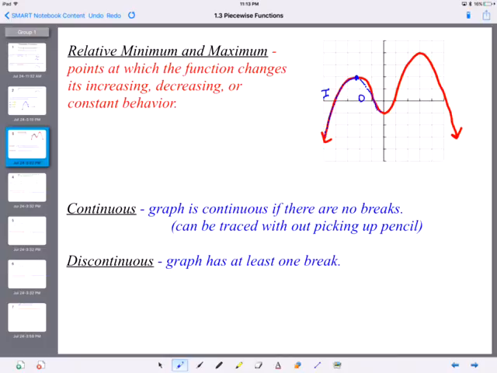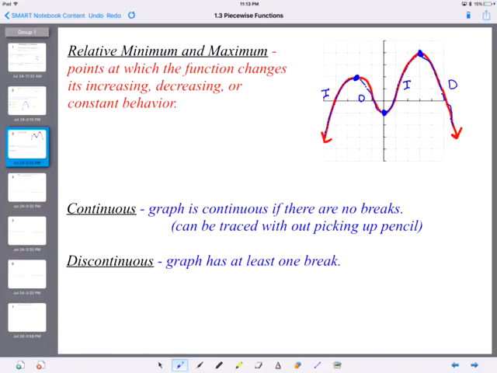At this change point right here, that's called a relative max. Same thing happens here. Now it starts to increase again. So it went from decreasing to increasing, so where that change occurs, there's a relative min. And then on this one, it goes from increasing to decreasing, and at that point there's another relative max.